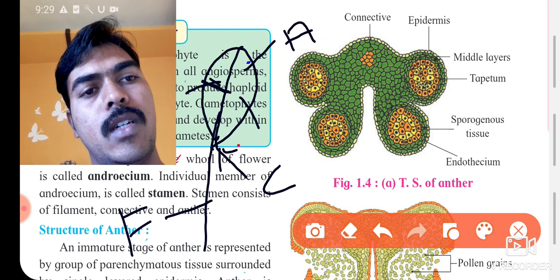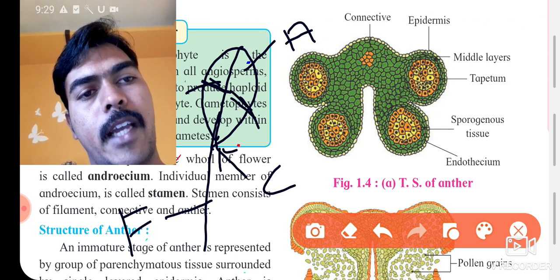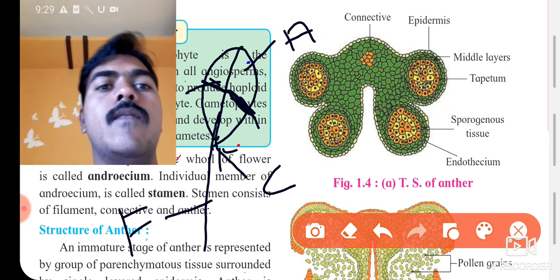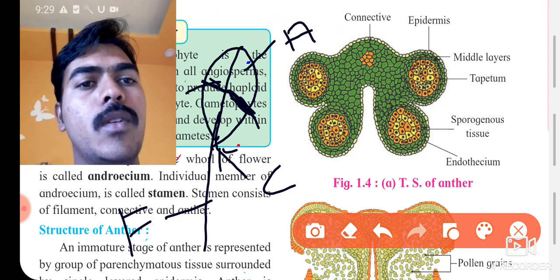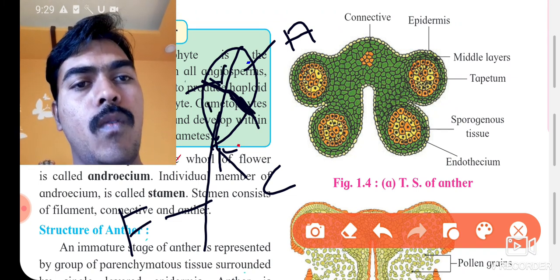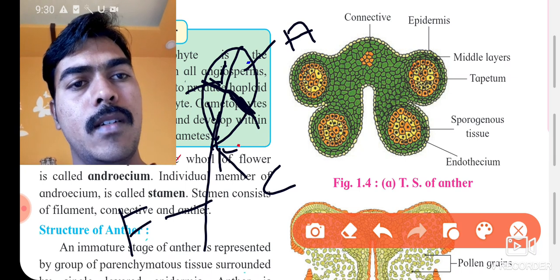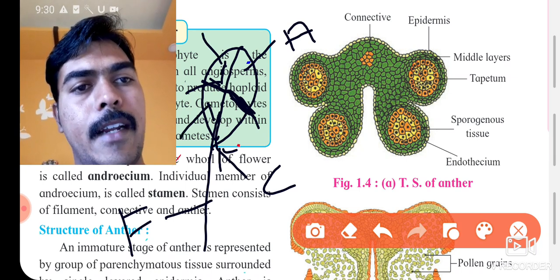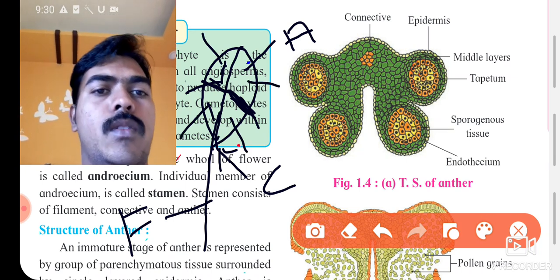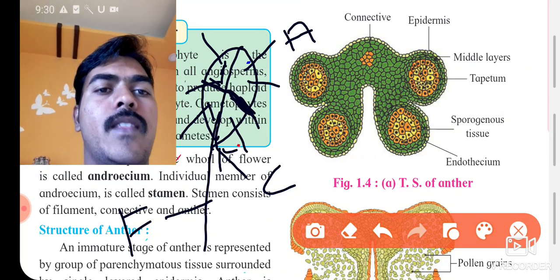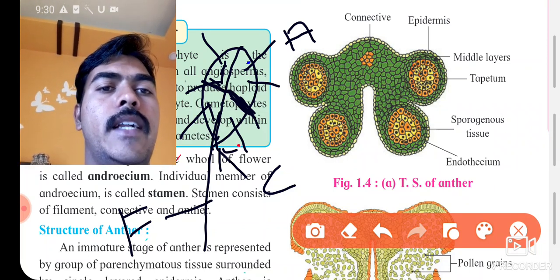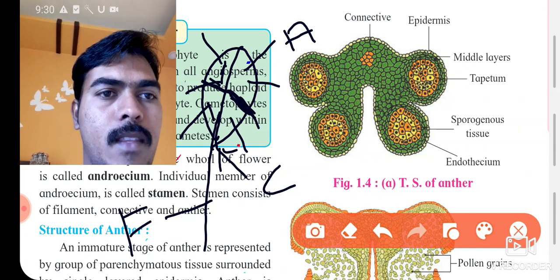The first one is divided into two parts, the second one also divided into two parts. So there is a formation of four compartments: first, second, third, and fourth. That's why these anthers are called tetrasporangiate.